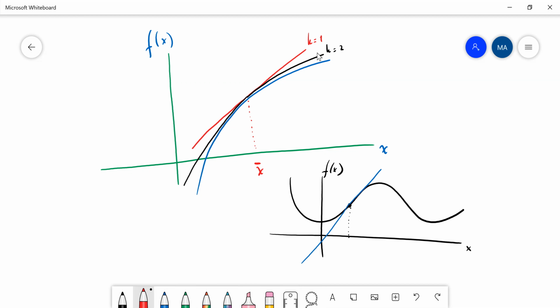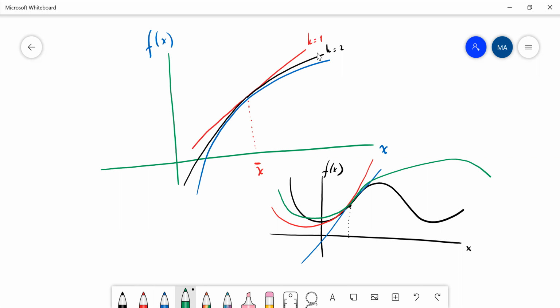You can have a quadratic approximation, so maybe it will be something like that. You can have a third order one, which can be perhaps something like this. And that goes on. If you increase the order, you of course approximate the function better and better.